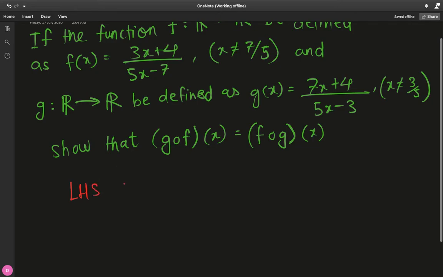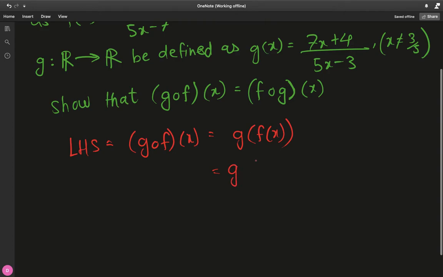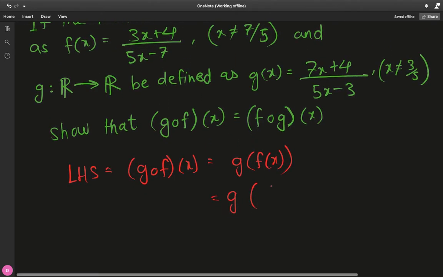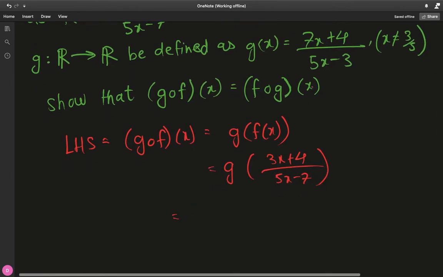So the left hand side is g composed of f of x, which can be represented as g of f of x. It's a composite function. So what I'm going to do is replace f of x with this expression that we have, (3x plus 4) over (5x minus 7), and now I'm going to write g, but in place of x in the definition of g, I'm going to put this rational function which represents f of x.